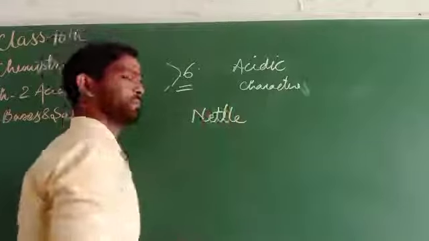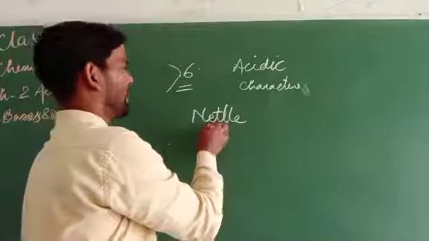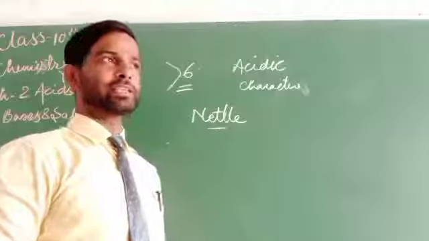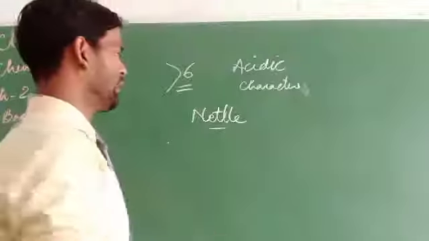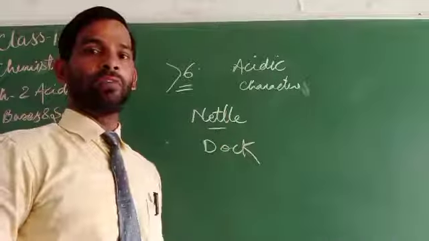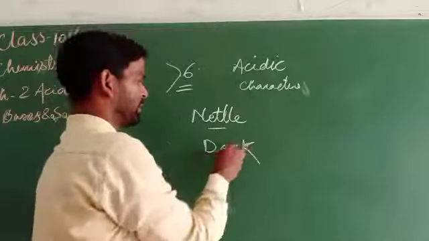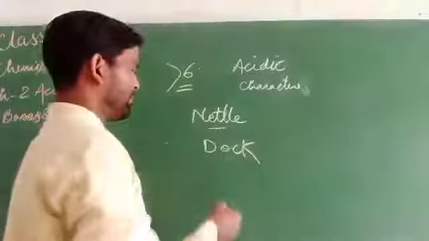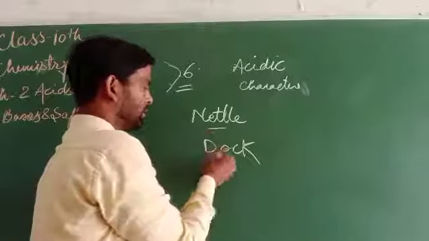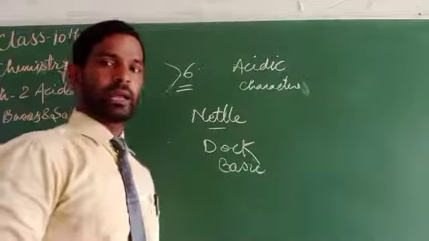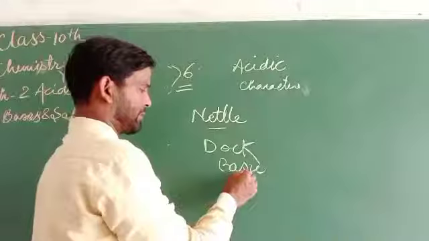A plant known as nettle, having the acidic character, can be neutralized by using a dock leaf, which is also present in the leaf of a forest plant. It is also a forest plant in which basic or alkaline characters are present.